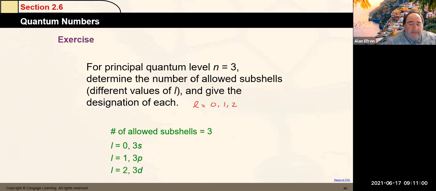Basically, that would represent an s orbital, p orbital, and a d orbital. And specifically because we're on the third energy level, they would represent the specific 3s orbital, 3p orbitals, and 3d orbitals. Remember, when you write an electron configuration, that first number is the principal quantum number.